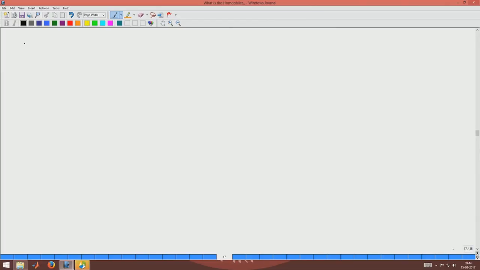Let me start with an example, maybe an example of a two connected graph. This is not two connected.